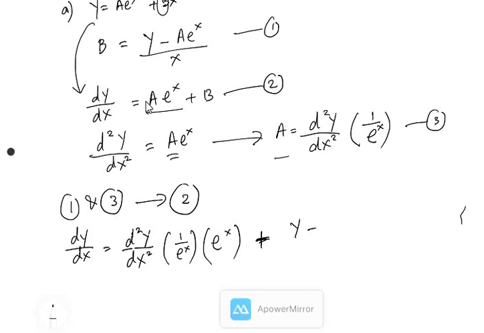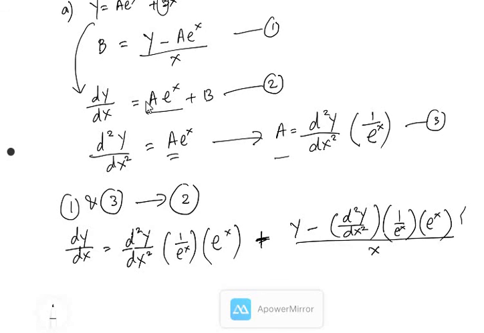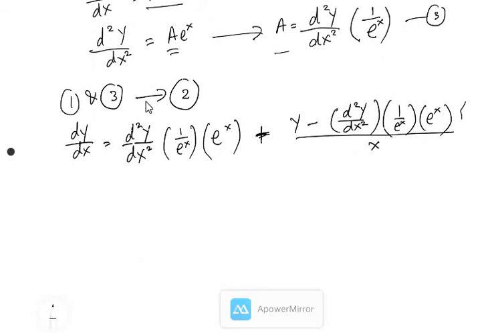B is y minus a, divided by x. So after you simplify, this one and this one can cancel out.